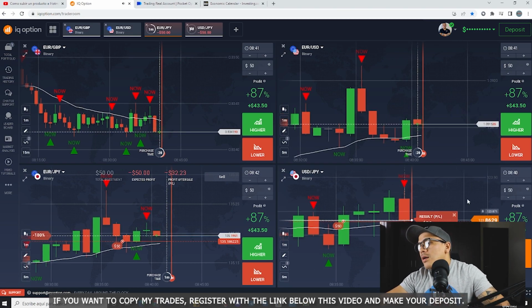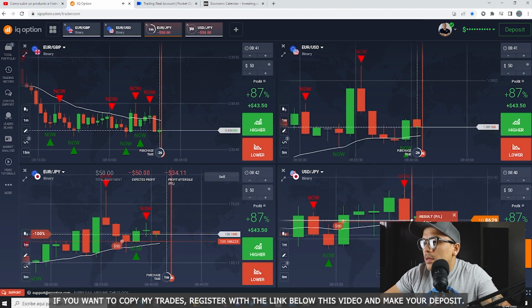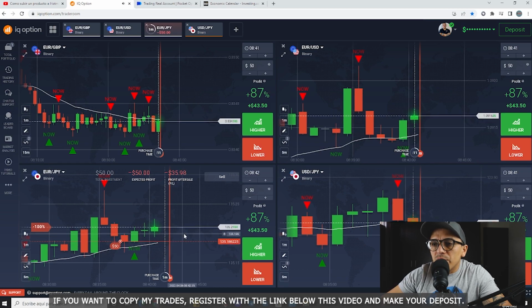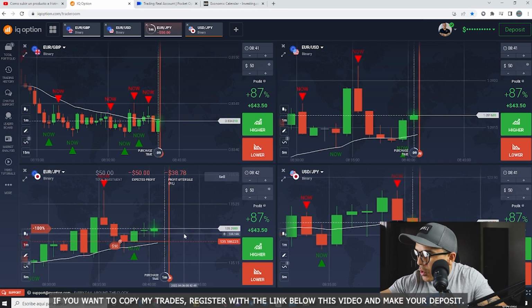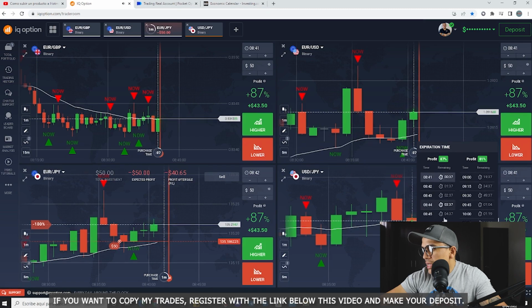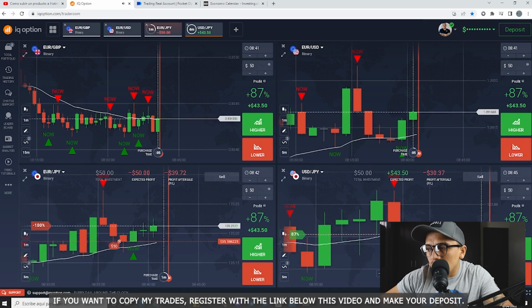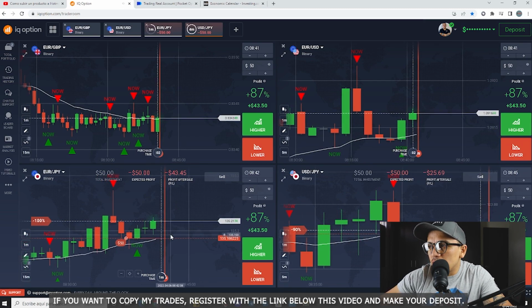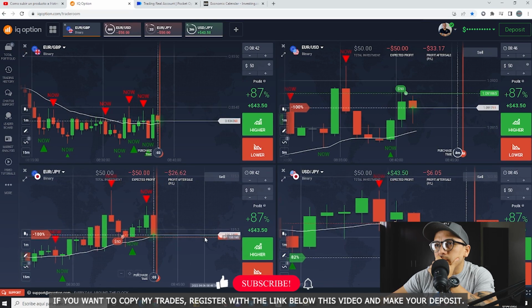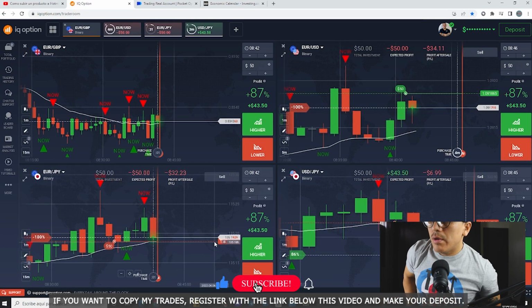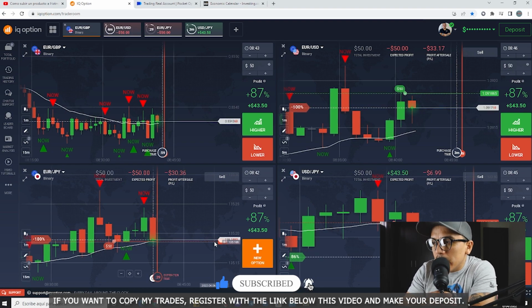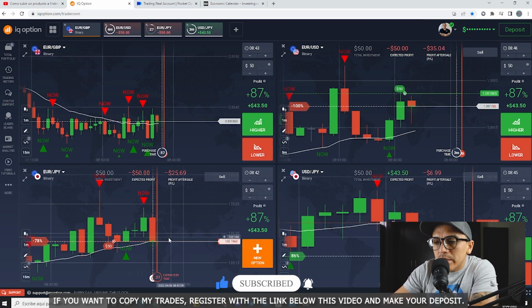Let's wait for EUR/JPY. So close! I entered too late. I don't know, so close. That chance that I saw. Let's wait. EUR/JPY is going down. Let's wait to see how this ends.